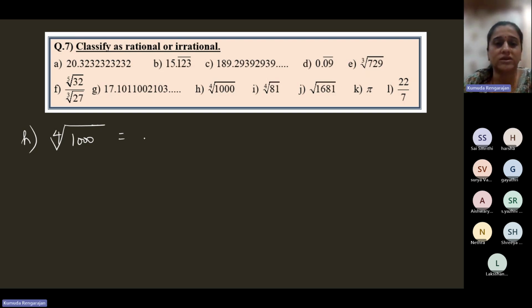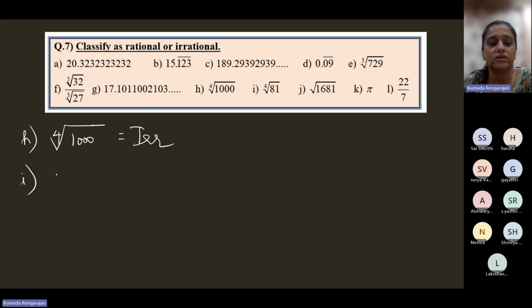No natural number, when multiplied by itself 4 times, can produce 1000. Irrational.